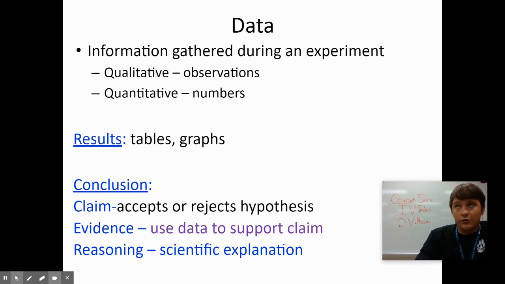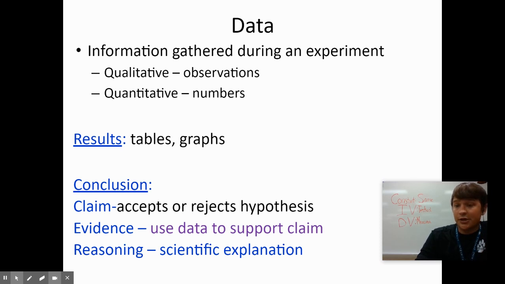And after we have all of our data collected and organized, we're going to write a conclusion. And the type of conclusion we have you write in biology is a claim, evidence, and reasoning conclusion. Claim is going to be saying, yes, my hypothesis was right, or no, it was not. Evidence will say, here is my data to support it. This is showing that my claim was correct, or this is showing my claim was incorrect. Your reasoning would be some sort of research, usually, or scientific explanation as to why this is correct.